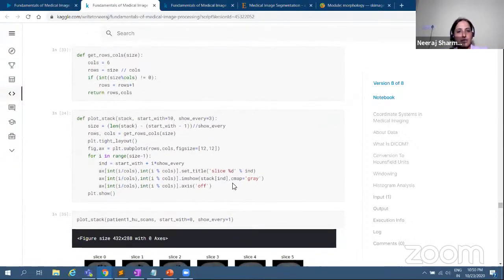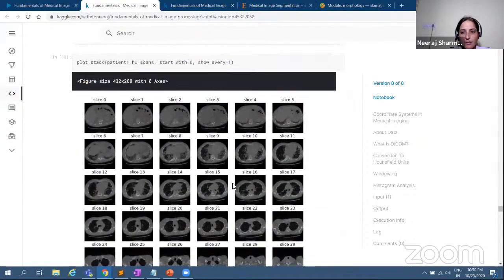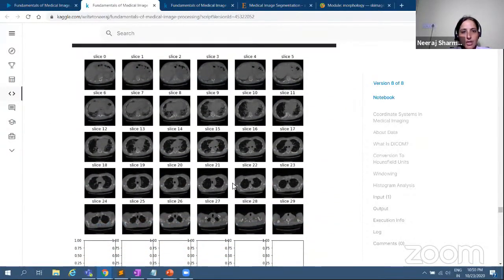So basically, this is just a utility method for plotting the stack. And that's how the original stack looks.